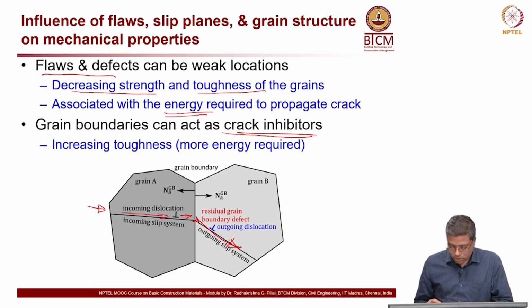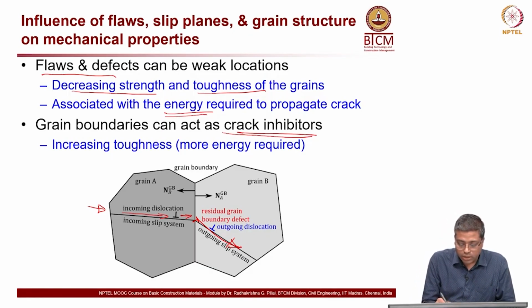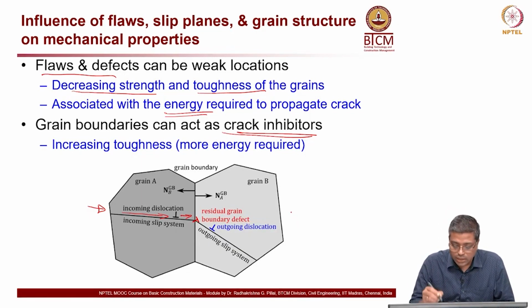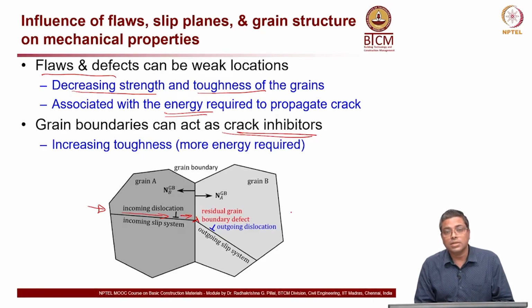If it was going in the same direction, probably you would need less energy. If it is in the same direction, then the energy required to move that dislocation would be relatively less. But this is a useful thing about the grain boundary, because it helps in enhancing the toughness and probably the strength of the material.